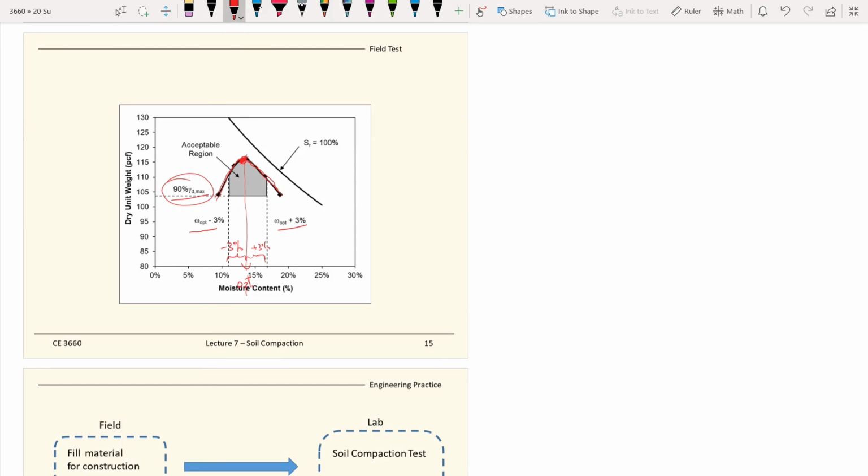If you have a more typical project, for example, a few-story apartment building, you don't have too strict requirements. Then you could imagine you have a wider window to be acceptable, such that the soil subgrade can withstand the lighter loading that you have.